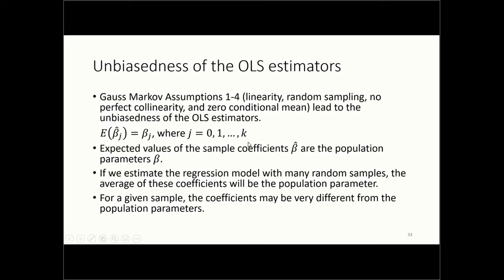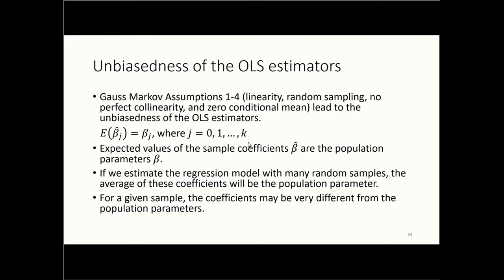What we're saying here is that if we estimate the regression model with many random samples, the average of these coefficients would be the population parameter. In any given sample, the coefficient may be very different from the population parameter, which we do not know. We will never know, and we're trying to estimate it.